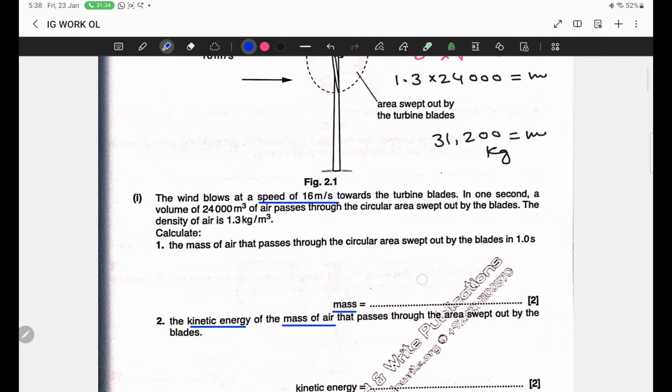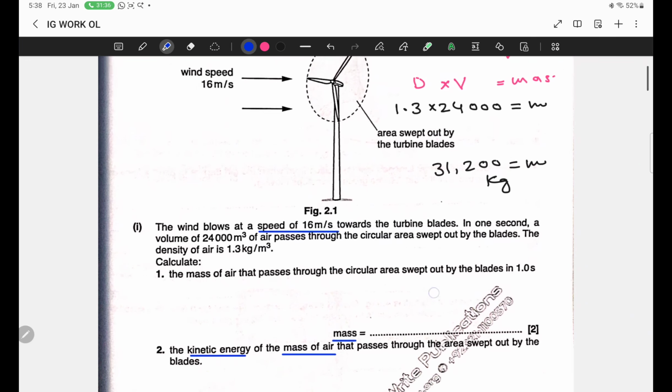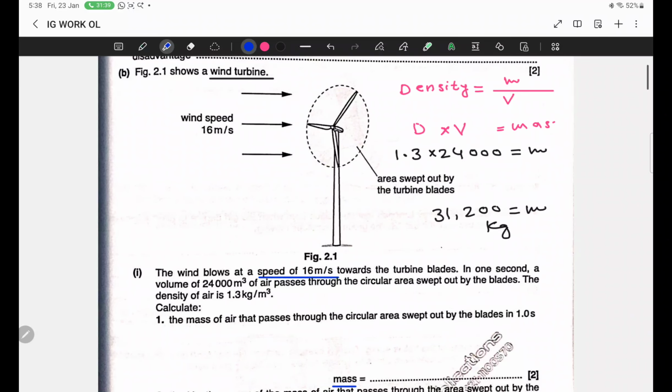So the equation of kinetic energy is half m v square. Half mass, sir, mass is 31,200 and velocity is 16. So now you can calculate kinetic energy.